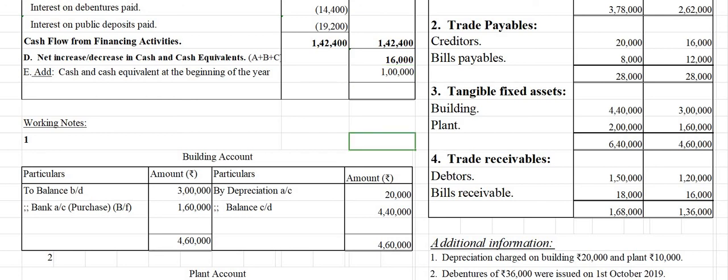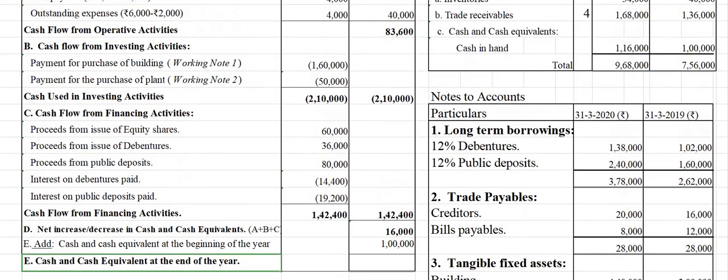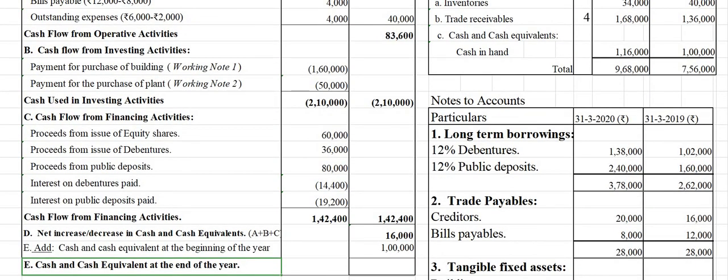So what do we have to get next? Cash and cash equivalent at the end of the year. The amount given in the balance sheet should be equal to the total of D and E, that means net increase or decrease in cash and cash equivalent and cash and cash equivalent at the beginning of the year. If you total both amounts, we have to get cash and cash equivalent at the end of the year. Then the problem will be correct. In the closing balance, we know it is given as 1,16,000.